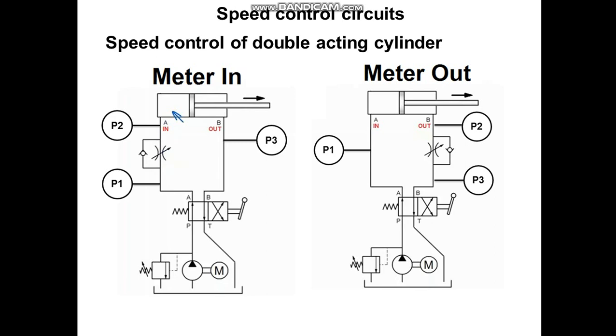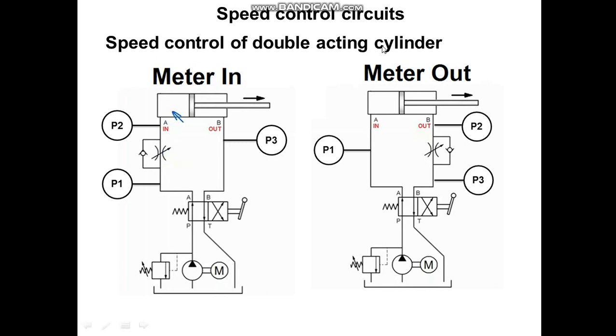Normally flow control valves are used to achieve speed control of hydraulic circuits or cylinders. The main purpose of a flow control valve is to regulate the flow in a specific portion of the hydraulic circuit, so it controls the flow rate for motors or cylinders, and thereby regulates the speed of cylinders for extension or retraction.